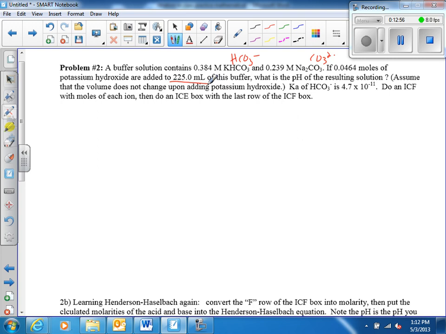Well, first I'm going to do an ICF. You should recognize I'm adding hydroxide, and hydroxides react with weak acids. And of these two, I sure hope you recognize this would be your weak acid. So HCO3 minus, they react completely to make CO3 2 minus and water.